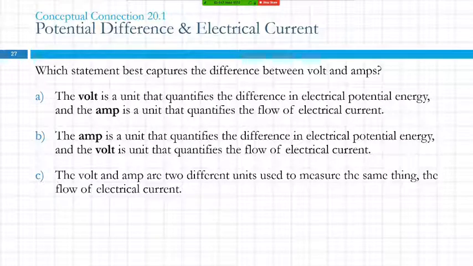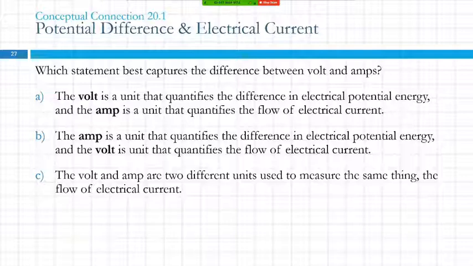So let's pause here and see if we're understanding things. Which statement best captures the difference between volt and amps? The volt is a unit that quantifies the difference in electrical potential energy, and the amp is a unit that quantifies the flow of electrical energy, or electric current.